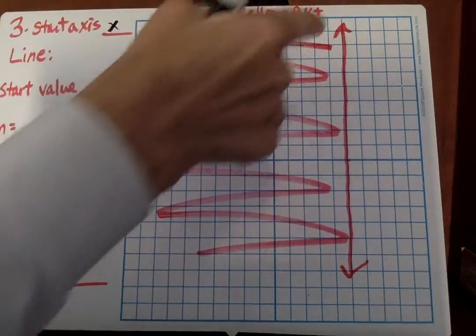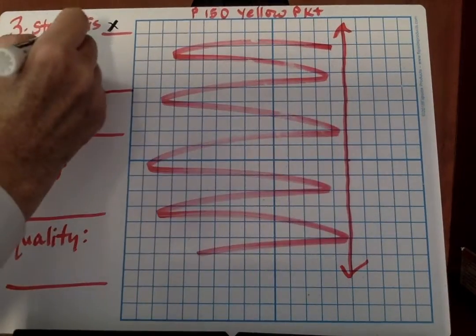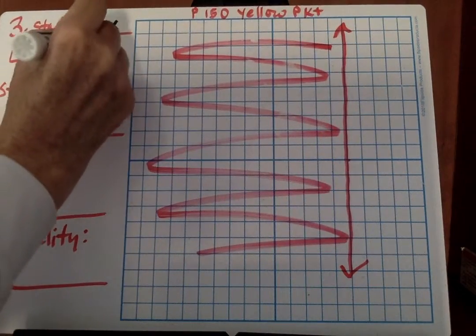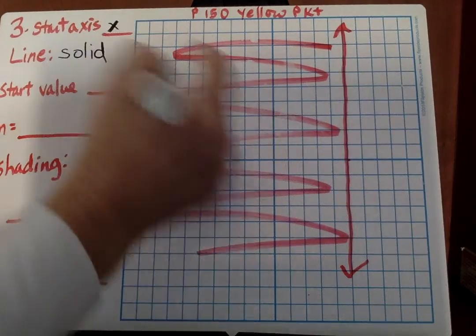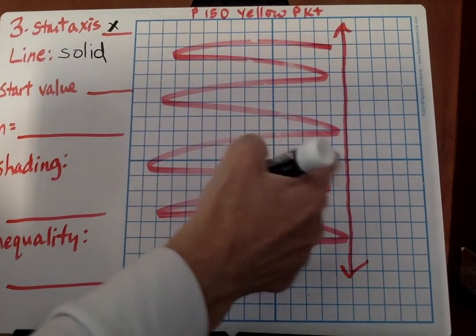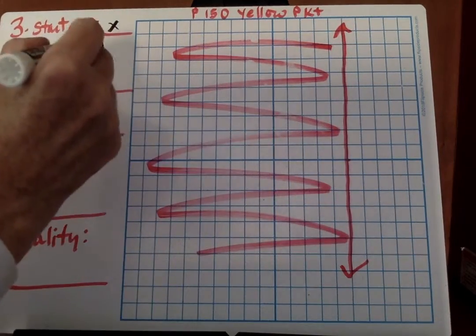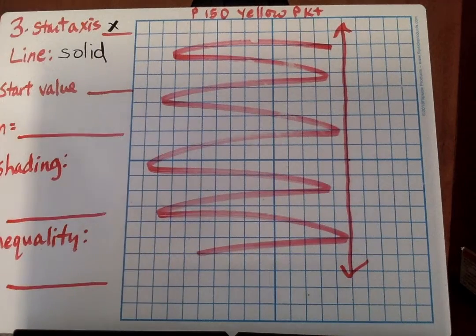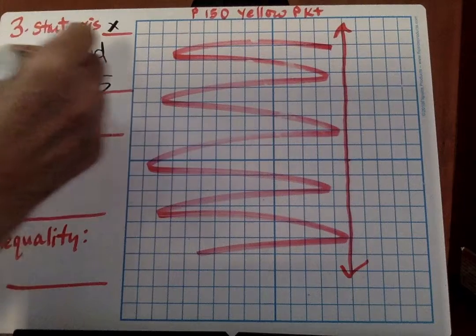Okay, and the line is going to be a solid line. If it's starting on there, start value is 5. Okay, and shaded on what side?